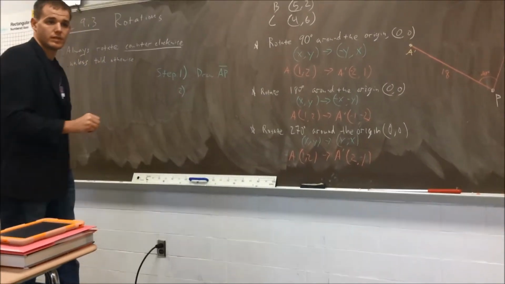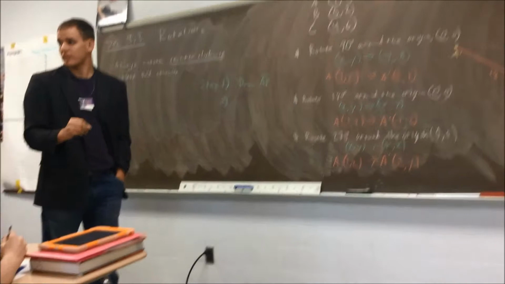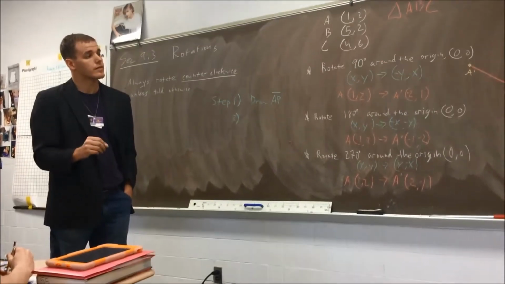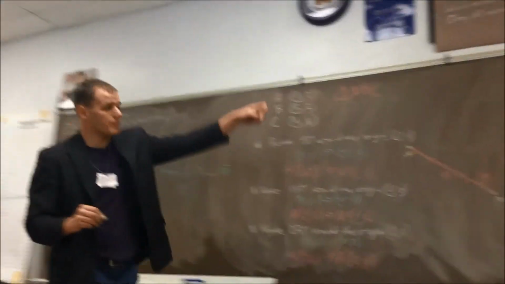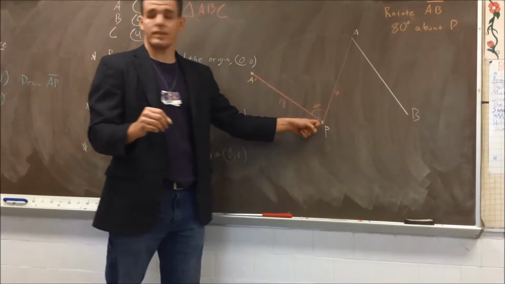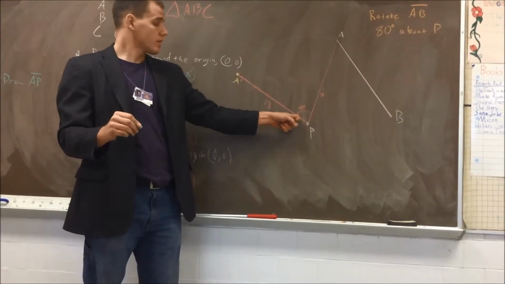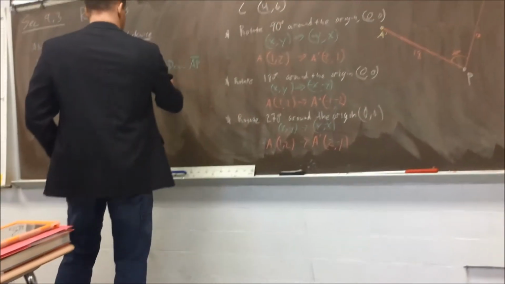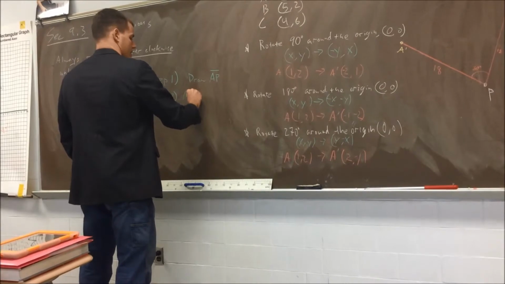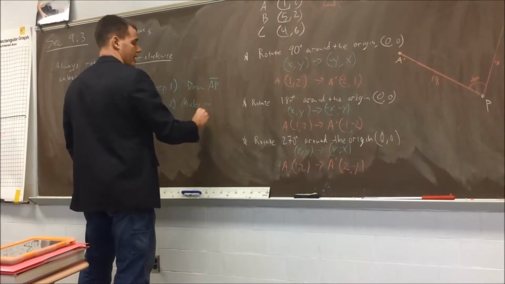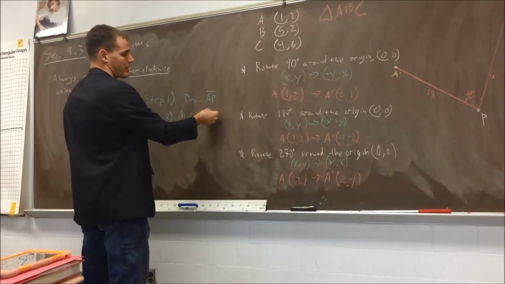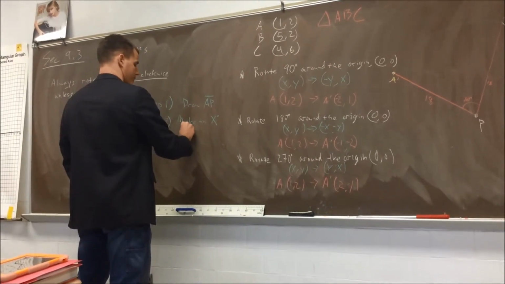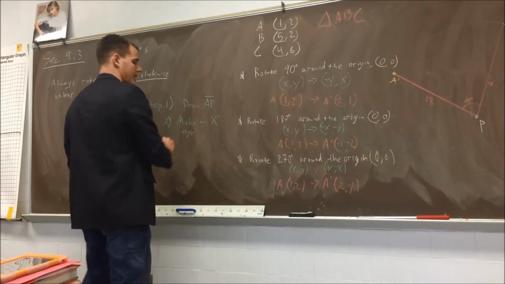Step two. What do we do? After we drew AP, what do we do next? We made the angle. Make an angle, and instead of 80 degrees, I'm going to put X degree angle, because it could be anything, right?